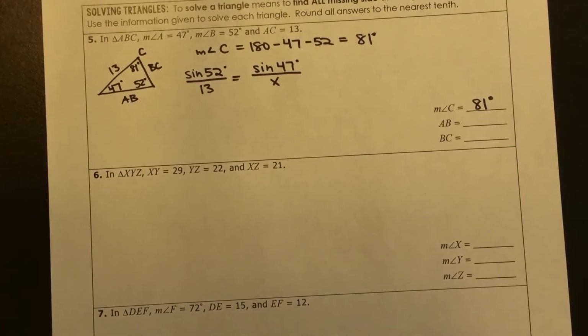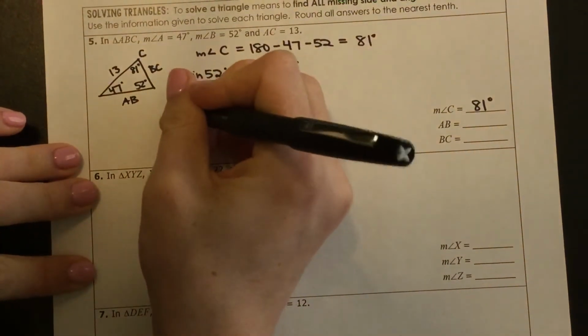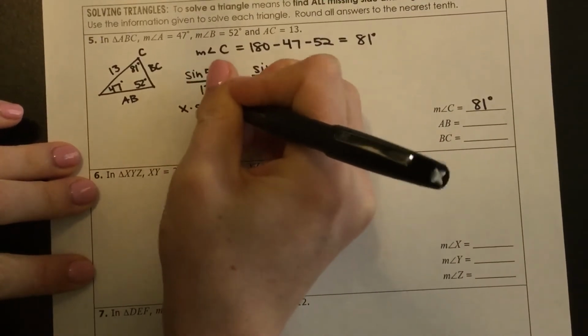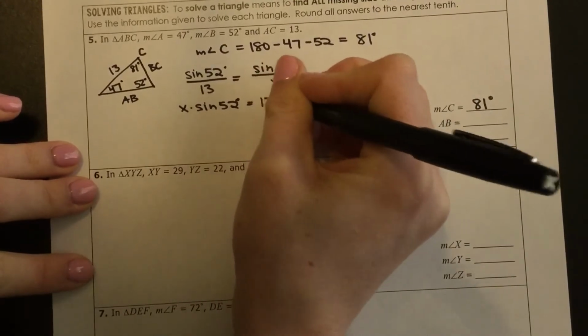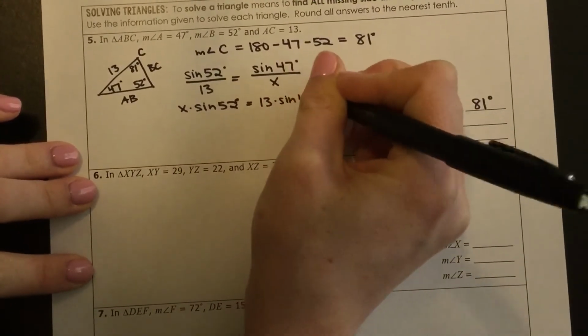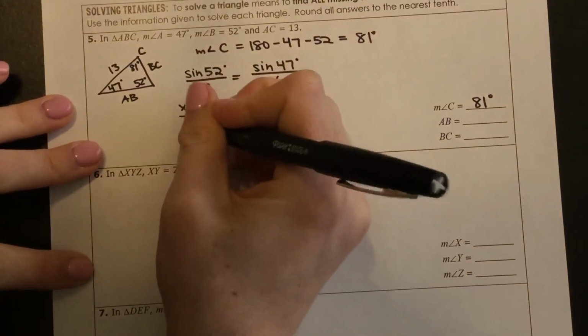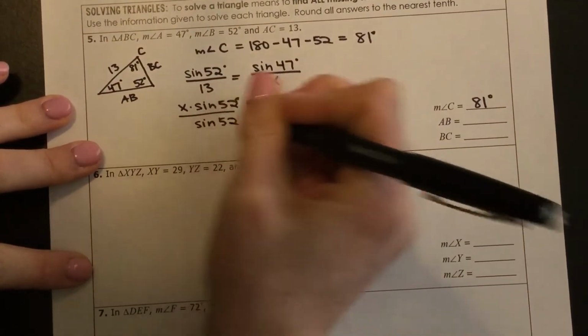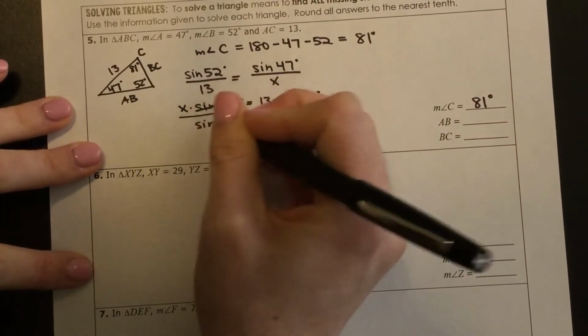So I am going to cross multiply if I'm solving for x. Cross multiply here, I have x times the sine of 52 equals, then cross multiply here, I have 13 times the sine of 47, and then divide both sides by the sine of 52 to get the x by itself. So these will cancel.